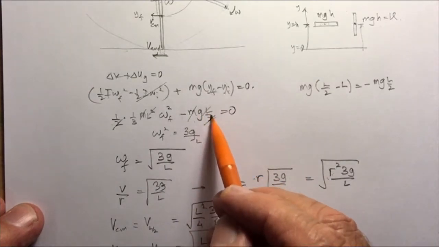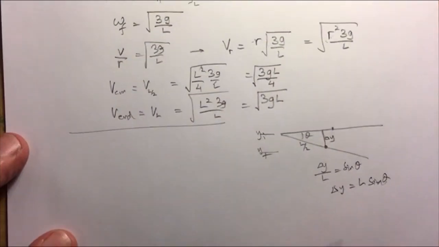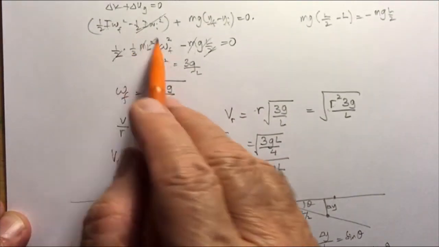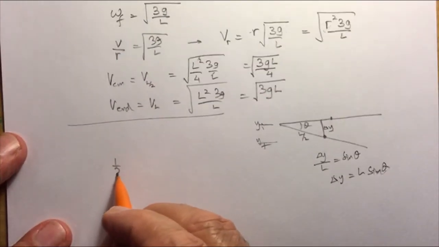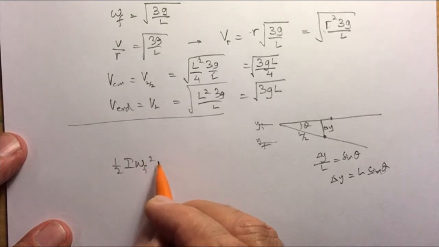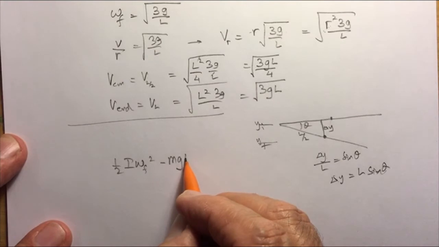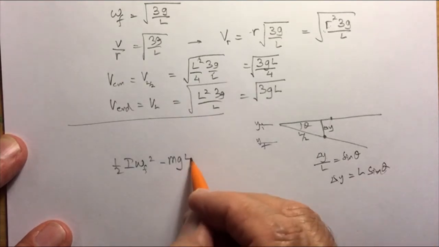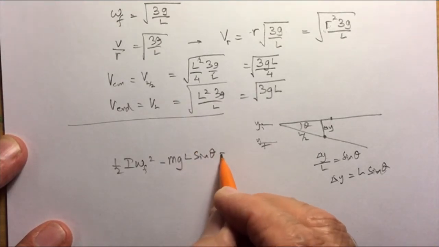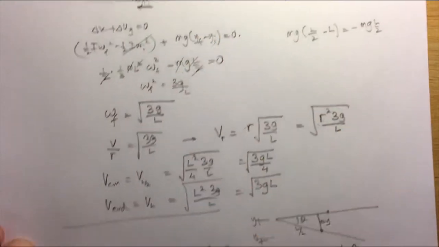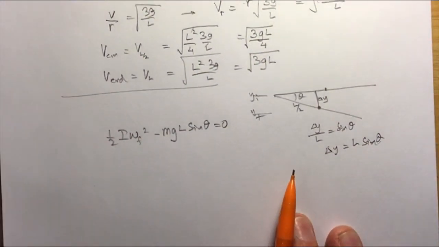So after this substitution we get half I omega final squared minus mg L sine theta is 0. All I've done is I replaced this with L sine theta.